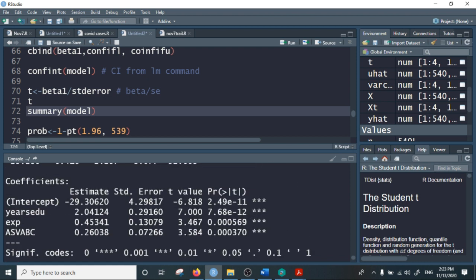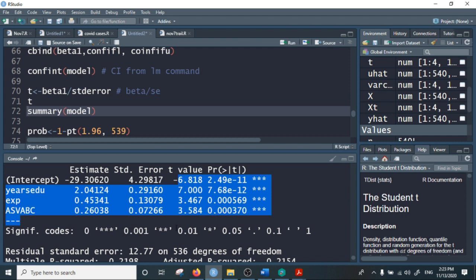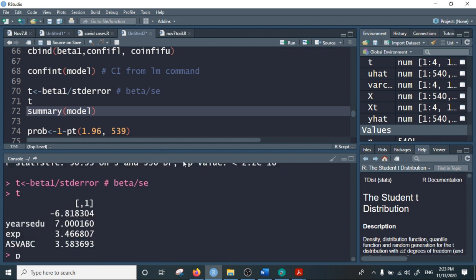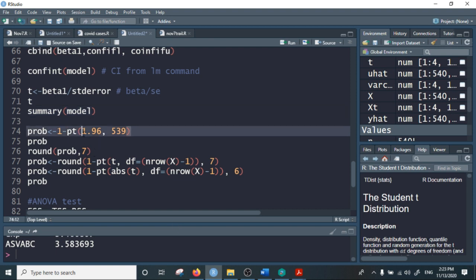Again, we can compare this t ratio with the results of the inbuilt function, and we see that the results are exactly the same. Now, we can even find the probabilities in R.